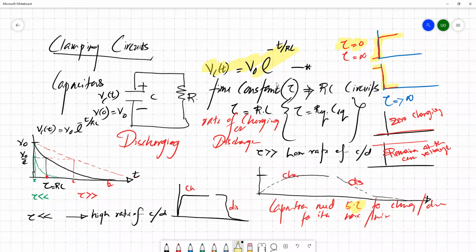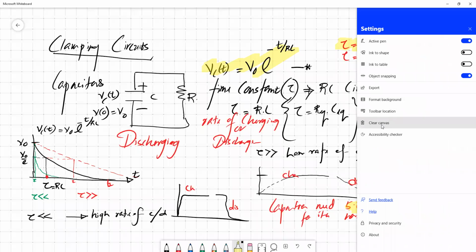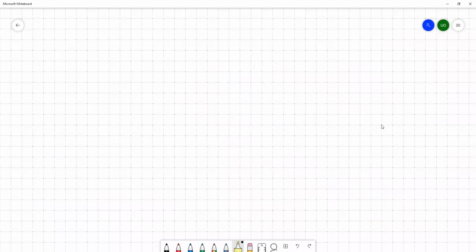Now, if your switching circuit is meeting that requirement, for example, we will think of a circuit like this. We will connect this kind of a voltage.